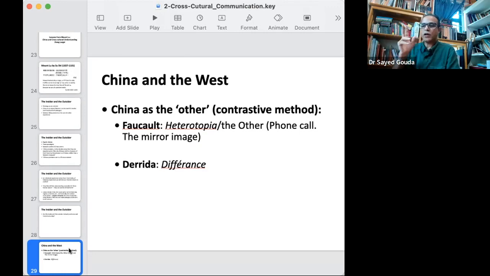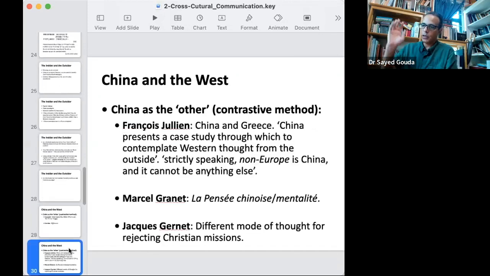It's pronounced the same way as différence, but it's spelled differently. So Derrida also said China is a perfect example of this différance, of what is completely different from Western culture.